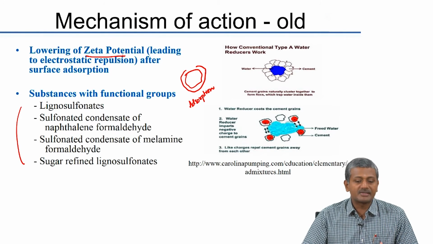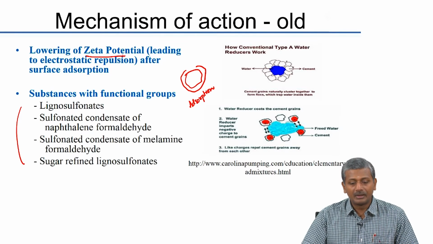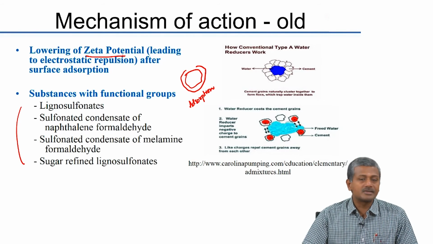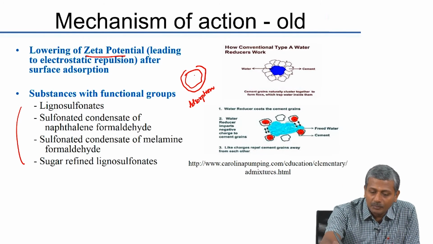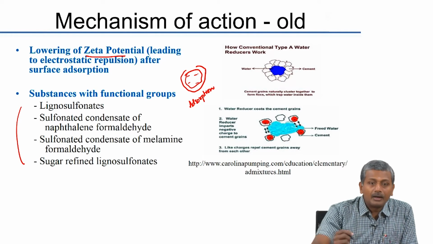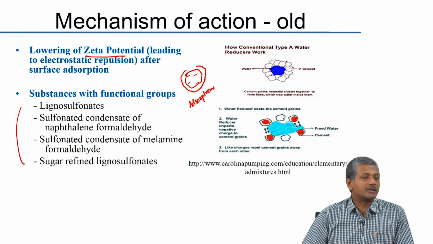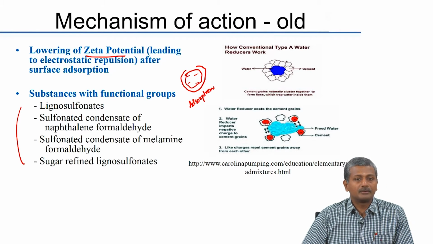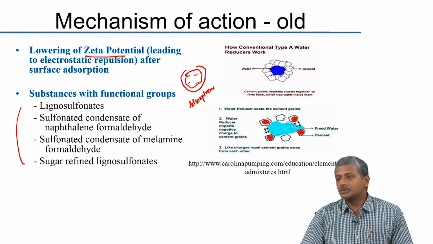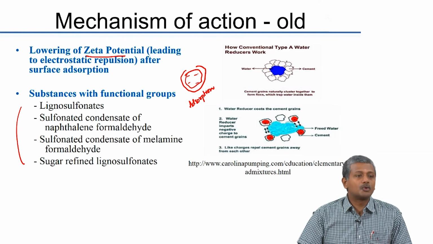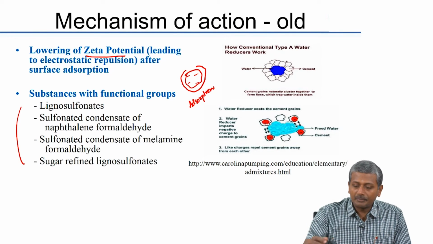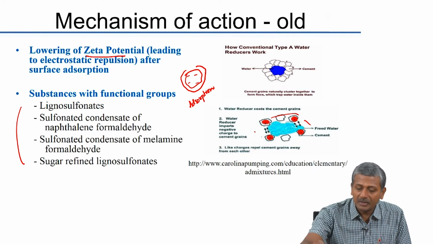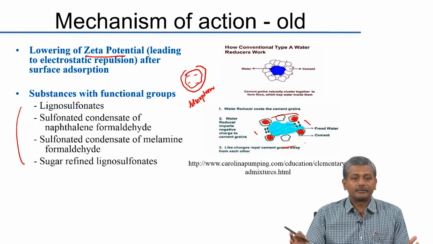So what these superplasticizer molecules do, the naphthalene sulfonates or lignosulfonates, is that they go and wrap themselves around the cement particles and end up providing a like charge to all the cement particles, negative charge.